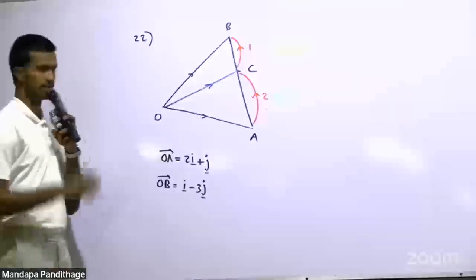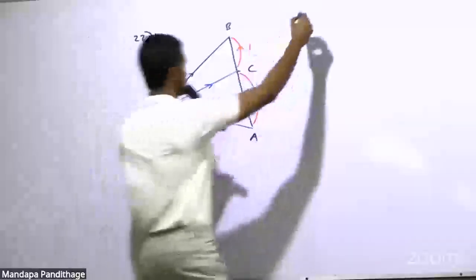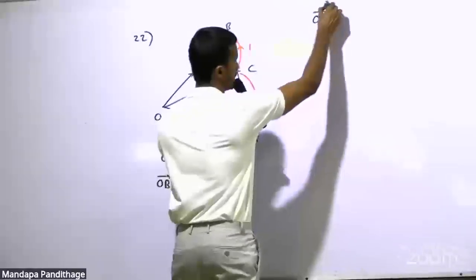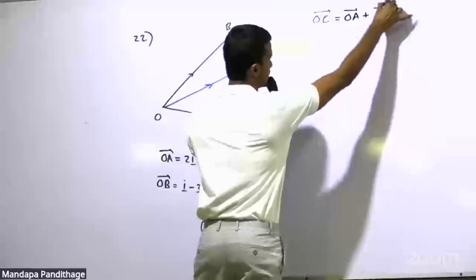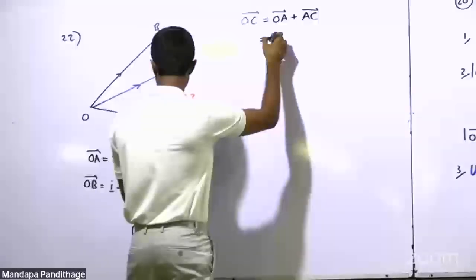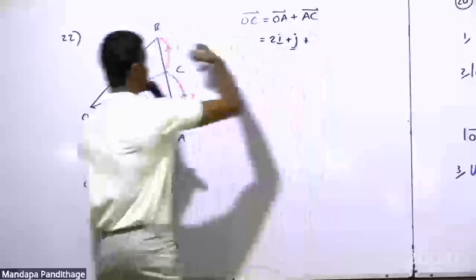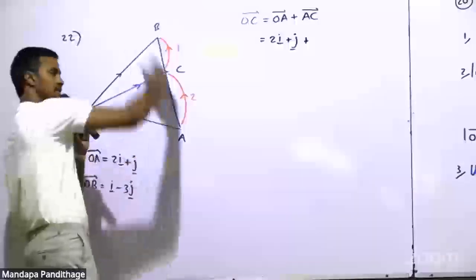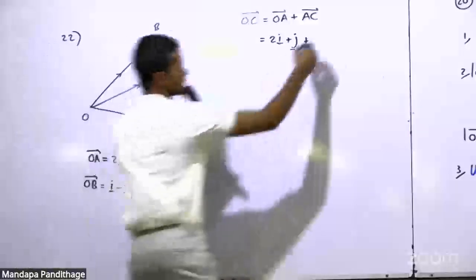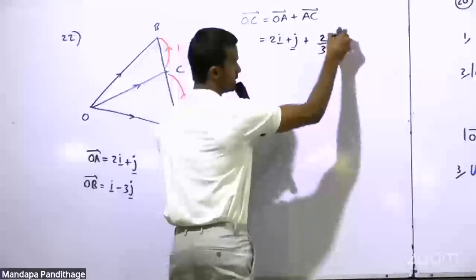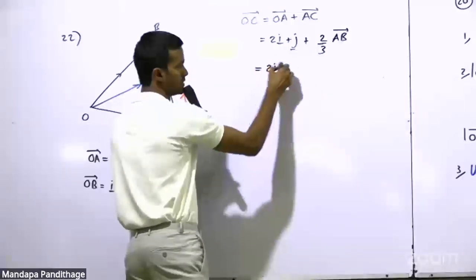Then the same thing, how can I write OC using vector addition? I'll go in this way, OA plus AC. OA is 2i plus j. And AC, if the entire one is 3, AC has 2 units, so that is 2/3 of AB. And then what is AB?